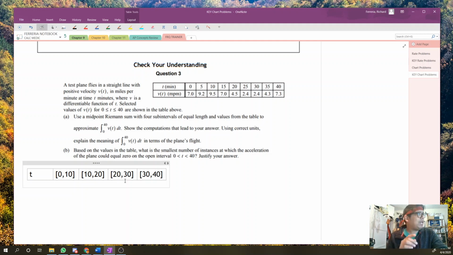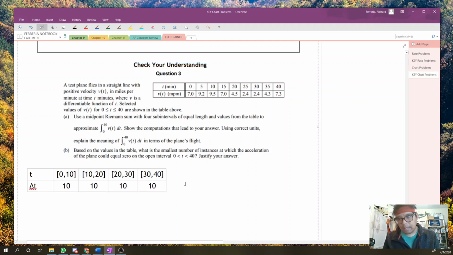Let's just make sure. I remember reading that we needed 4 subintervals. So let's count 1, 2, 3. Yeah, I see 4 subintervals. Next, of course, is delta t. I'm looking at that chart over there, and I'm seeing that every delta t is 10. So that's going to give me an opportunity to factor out 10, although there's no real reason to do it. There are only going to be 4 terms in your sum.